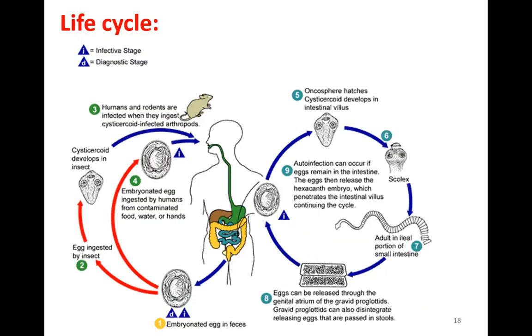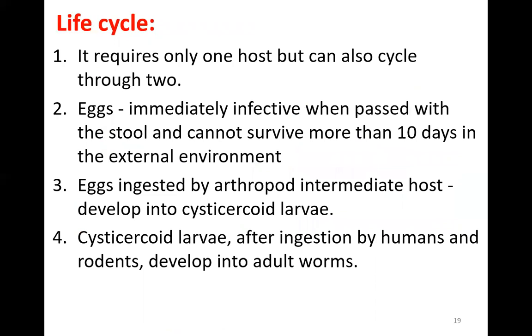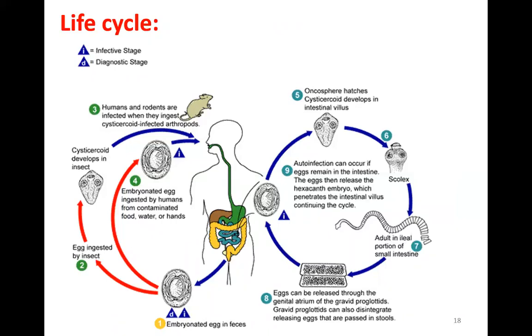About the life cycle of Hymenolepis nana, the parasite lives in the intestine of human beings, produces proglottids, which go on maturing and then become gravid, and they migrate towards the anus, and are passed in the stool, or the eggs are passed.